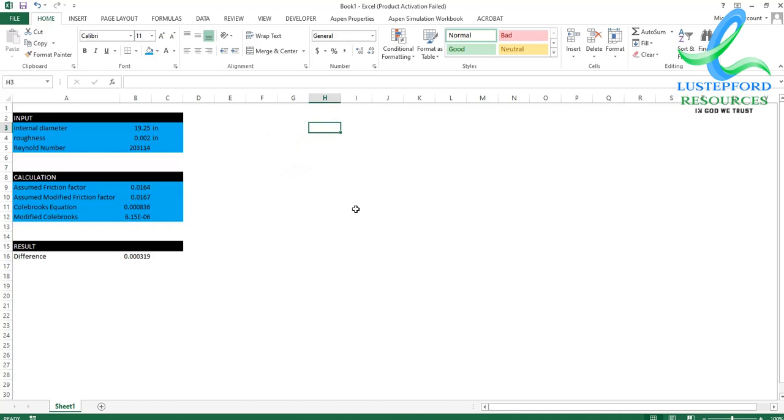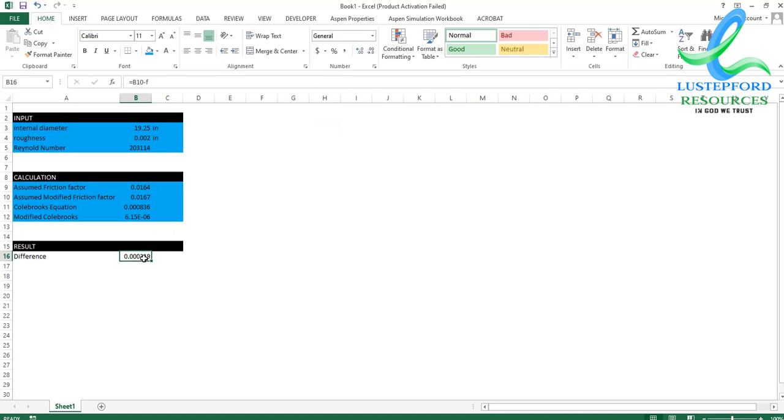So that is it, we are done. The assumed friction factor is this. Now this is not the assumed friction factor, this is the real friction factor. This is the result, the real result. Now I will make this equation equal to 0, and this one for the modified friction factor will also be equal to 0.